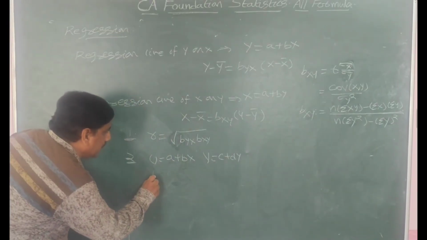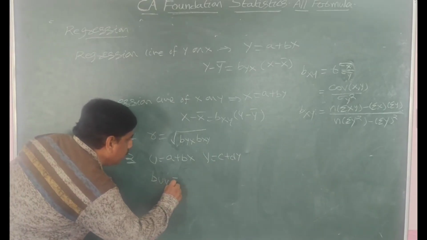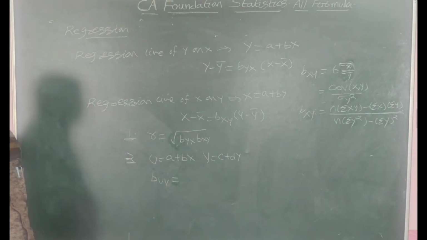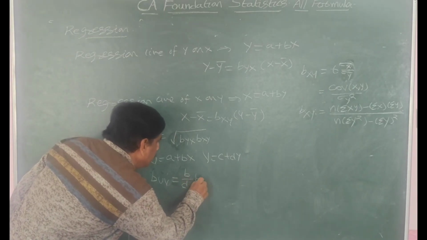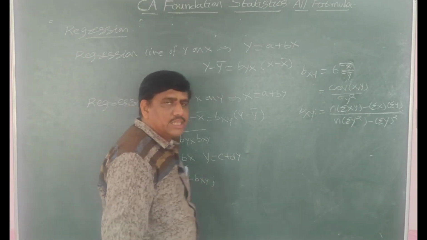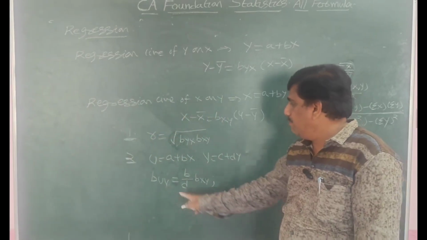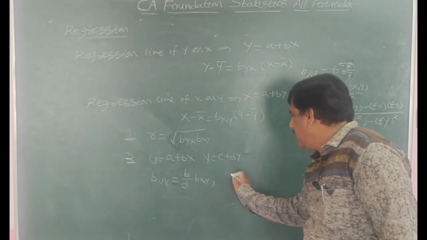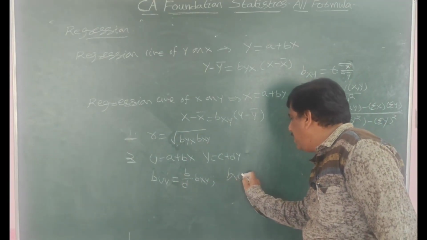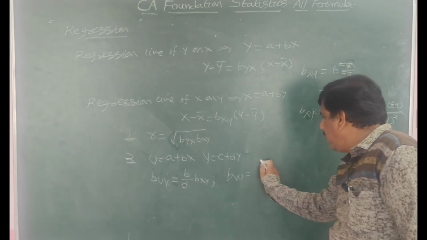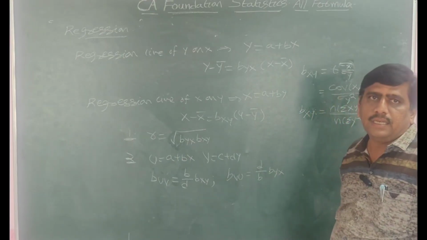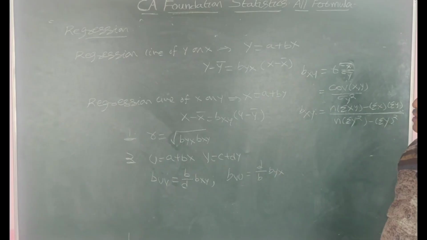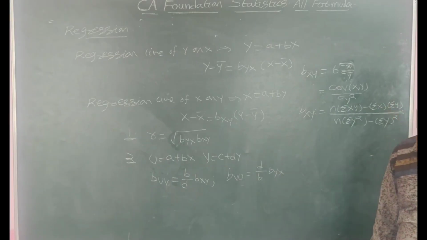If you want the regression coefficient of u on v, buv, the formula is b by d into bxy. If you have to find the regression coefficient of v on u, the formula is d by b into byx. Okay, these are the formulas in the regression chapter.